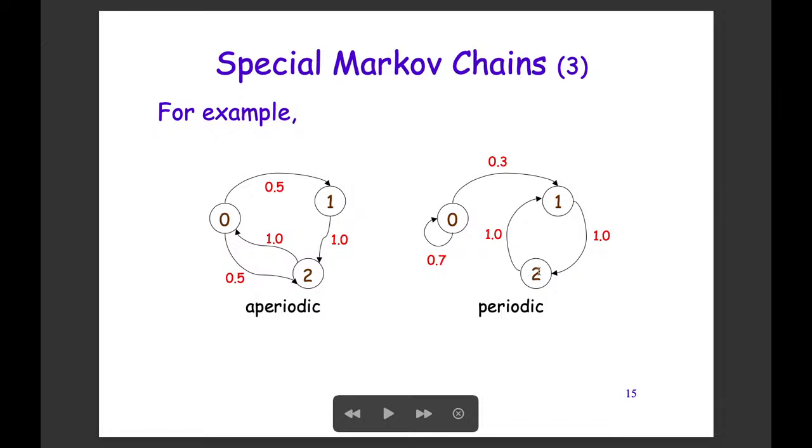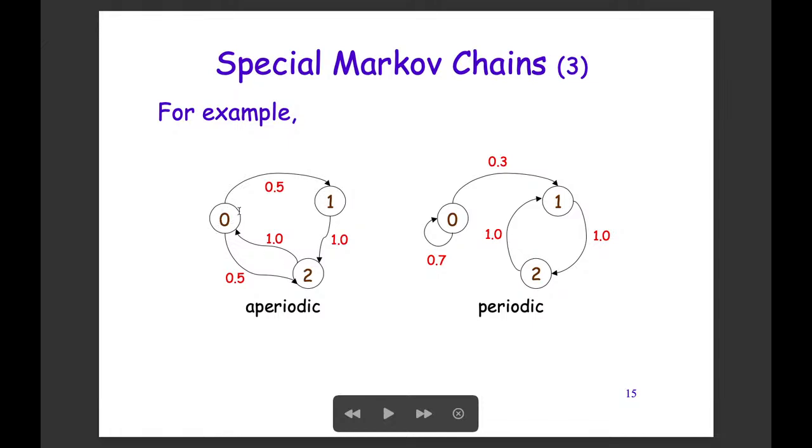And similarly, for state 2, it can come back in 2 steps, 4 steps, 6 steps, and so on and so forth. So state 2 here is also periodic. Now how about this one? We were claiming that this is not periodic at all. So we will need to check that for every state here, they are not periodic.